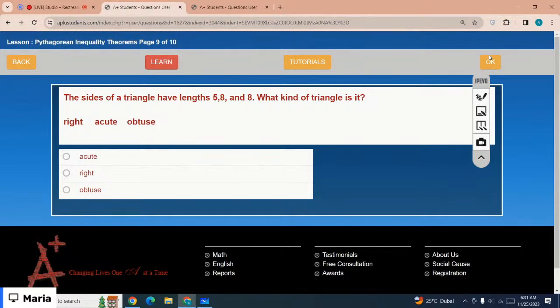That is the acute triangle, right? The correct option is acute triangle.